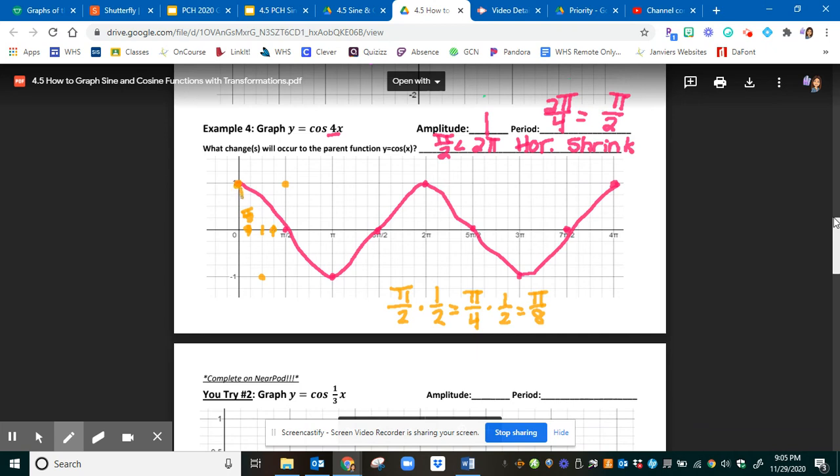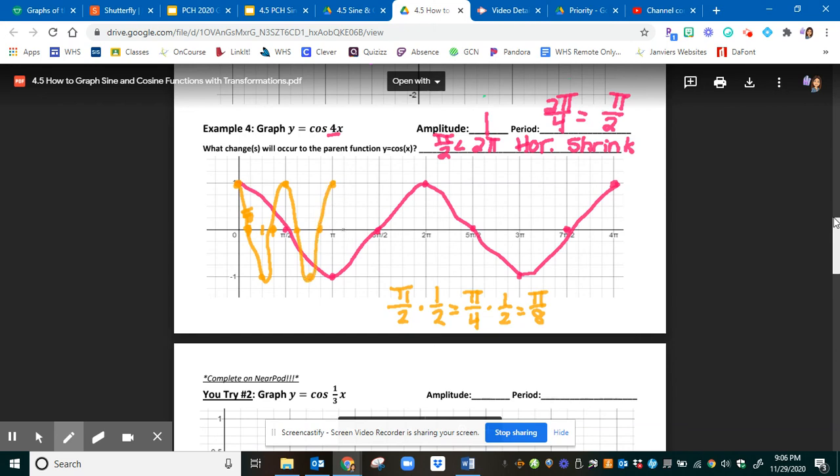We're basically just playing with fractions, pieces of pi here. I know this isn't the best drawing, and it's hard because it's so small in here. Then we're just going to try to get to 2 pi. So there's going to be a point here, a point here, another point here to go to pi. So this is 3 pi over 8, 4 pi over 8, 5 pi over 8, then 6 pi over 8, which you can reduce, 7 pi over 8, 8 pi over 8, which you guys would write in for me.